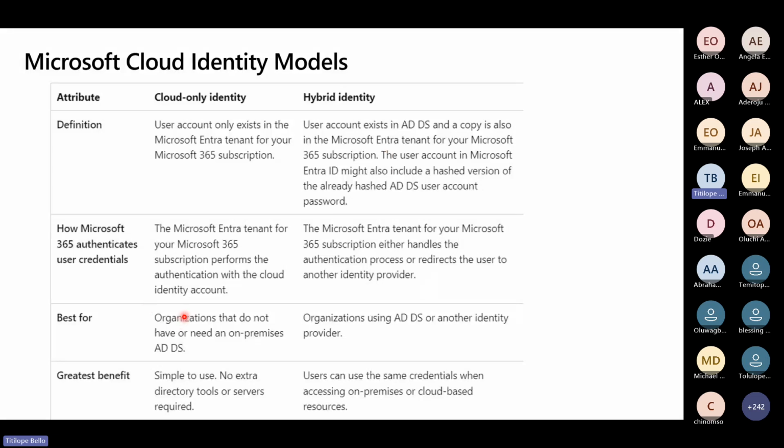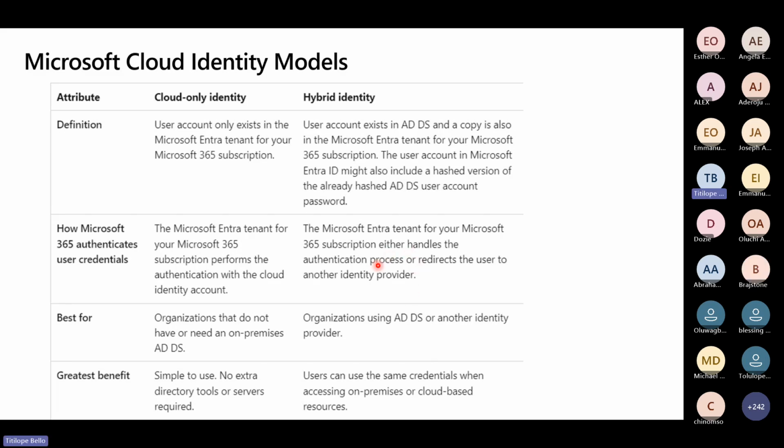So that's one clear difference between the cloud-only identity and hybrid identity. The other thing is how your users authenticate with Office 365. Like I've said, the process that I just described is what is being talked about here, that Entra ID either handles the authentication process or redirects the user to another identity provider, which is your on-premises Active Directory.